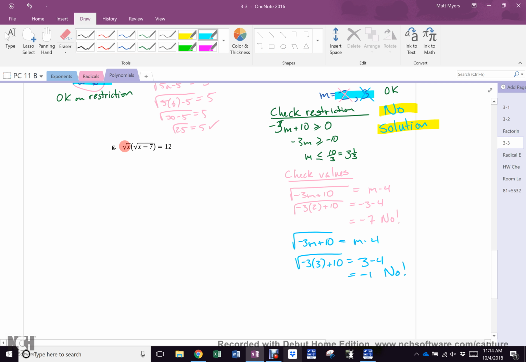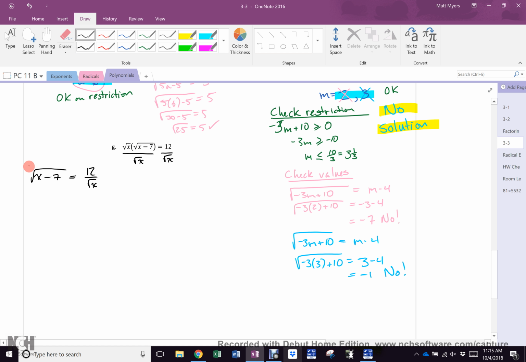So how do I get rid of this times root x? I divide by root x and I divide by root x. Is everyone happy? So now I have the root of x minus 7 equals 12 over root x, yes? Now, how will I get rid of this root?